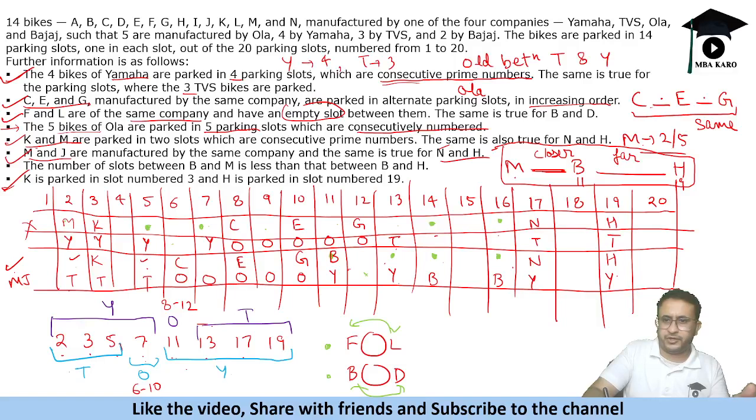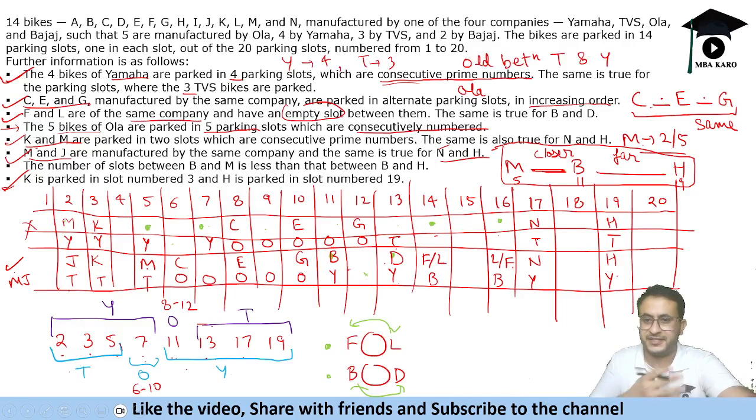M cannot be at 2 because the difference will be 4. So M will be at 5, and this gives J at this 5. We had to place FL and BD, so this pair is B and D and this will be F and L. Now no other information is left after this statement, and hence we will put F and L.